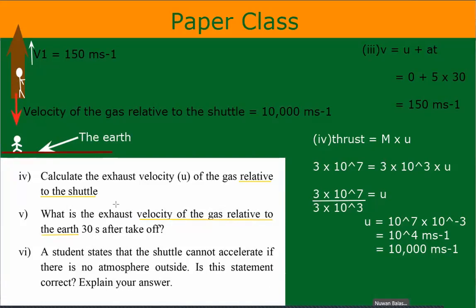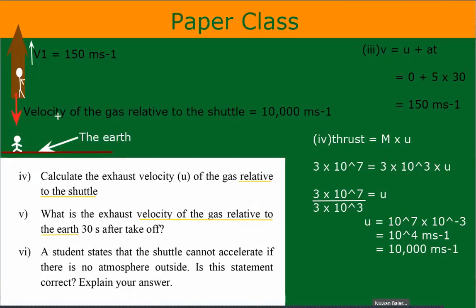Listen carefully. Velocity of something relative to the earth means velocity of that object as observed by a stationary man on the earth.